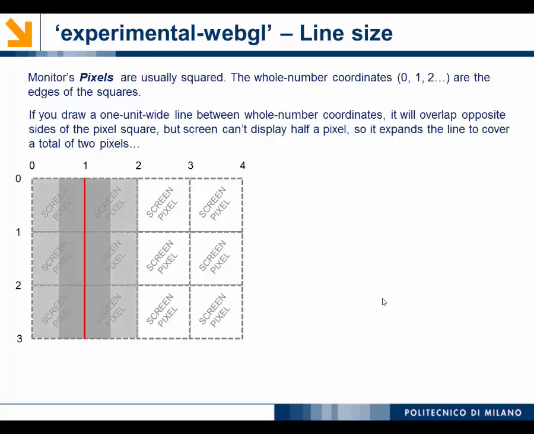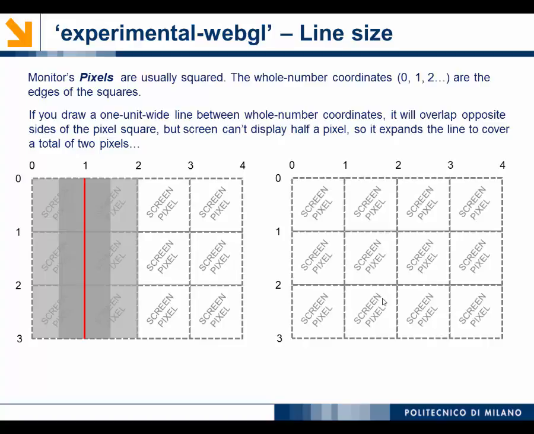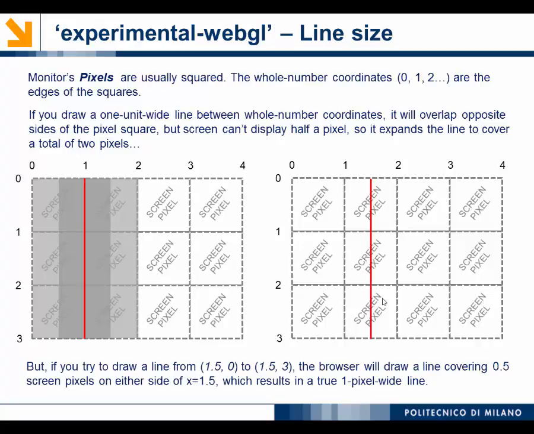It will be interpreted like this, because you cannot light just half a pixel on your monitor. So automatically you're going to get a line which is 2 pixels wide. On the other hand, if I use, let's say, 1.5 as my x value, then I will light just a 1 pixel wide line.